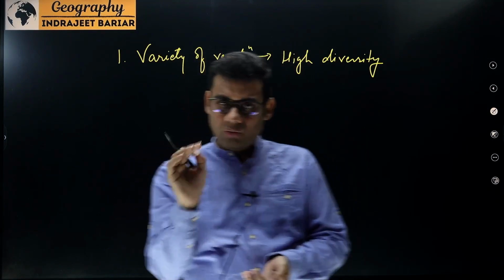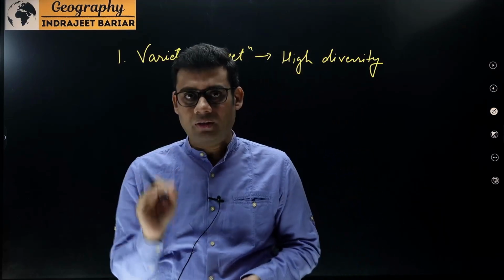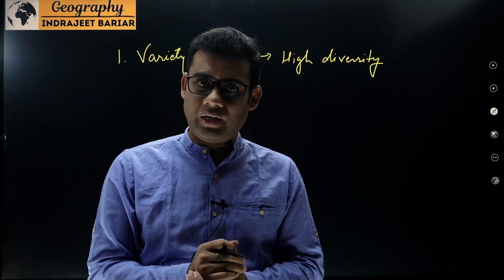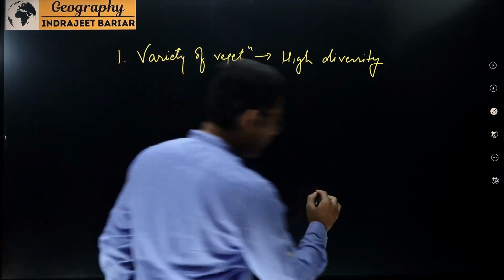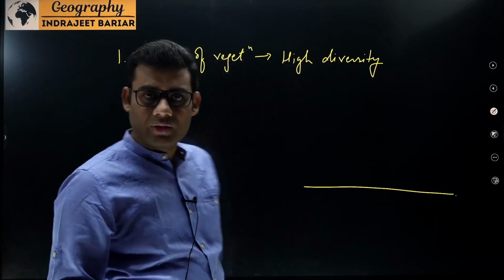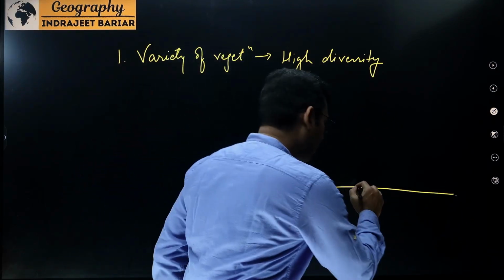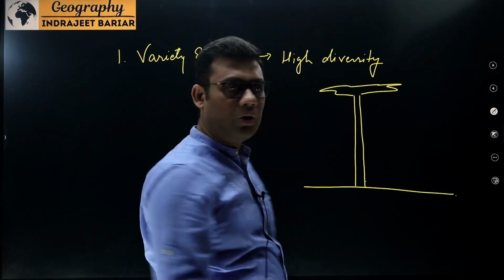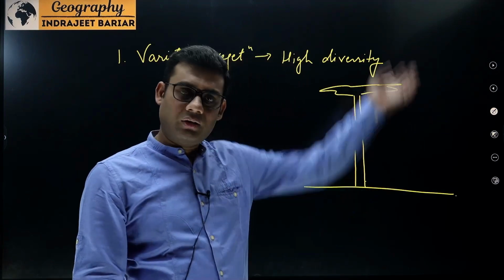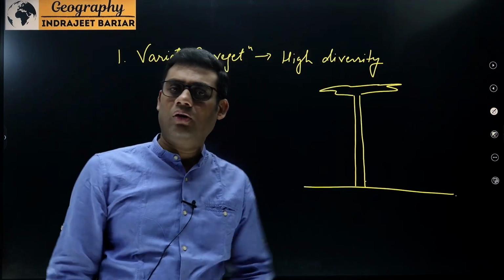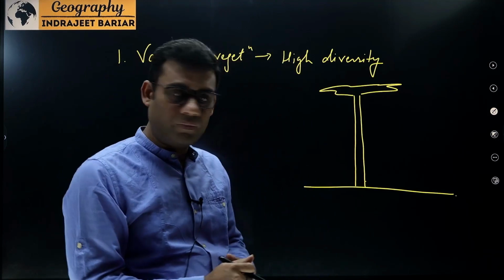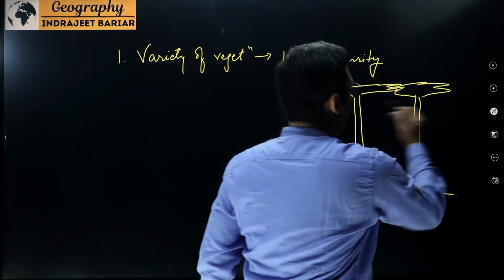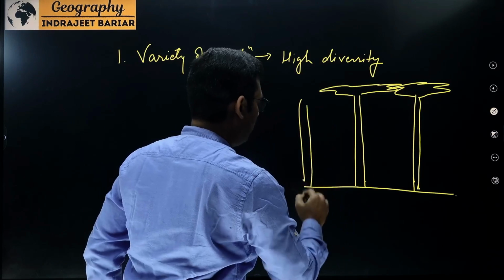Now, because there is such dense growth of vegetation due to high diversity, the most valuable thing over here would be sunlight. Who gets the sunlight? There would be a high competition for the sunlight. And so over here what we find is some trees, given the conducive conditions, can grow very high with very broad canopy cover. The trees can grow up to a height of 120 meters or so, and they form a broad, continuous canopy cover.